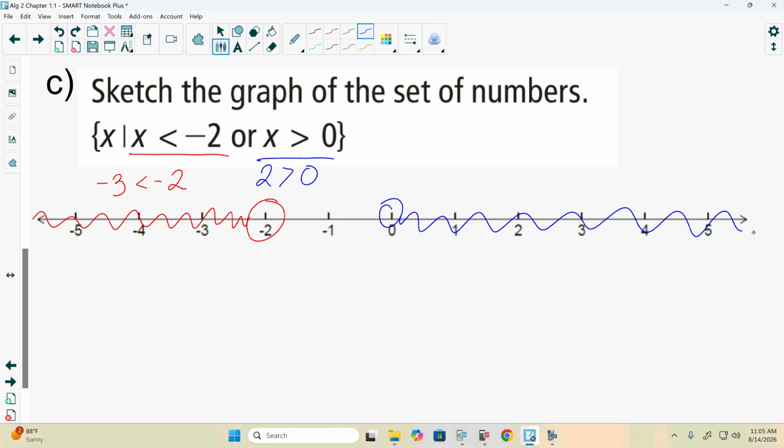Are the 2 points, especially if it's already in this form, x is less than -2 or x is greater than 0, is -2 and 0 located on that graph? Also, are they shaded correctly? Because there's a good chance that at least 1 or 2 of them are shaded improperly. Because if they're both not open, those answer choices are gone.